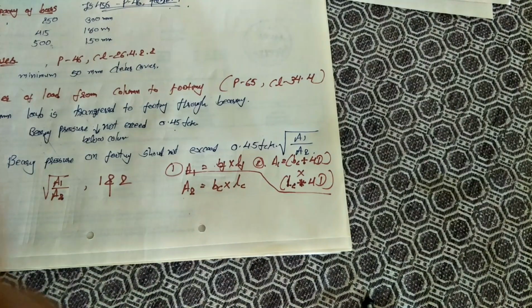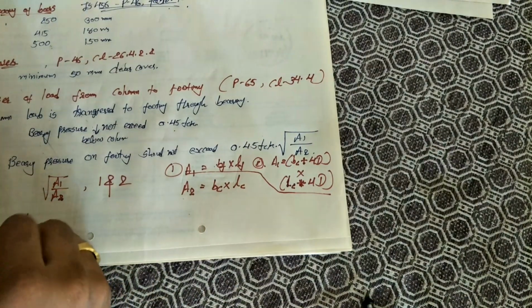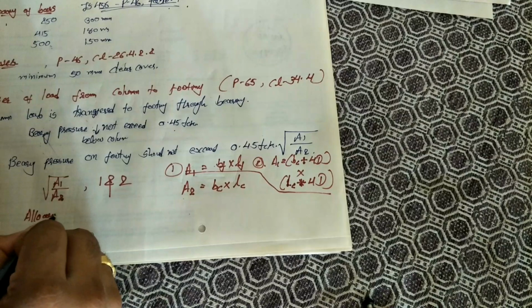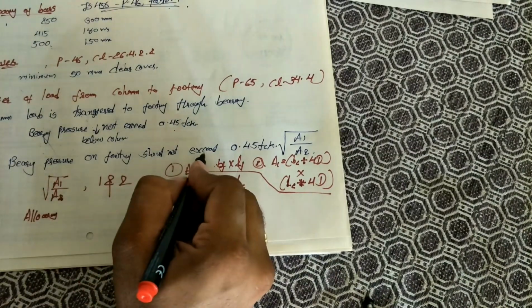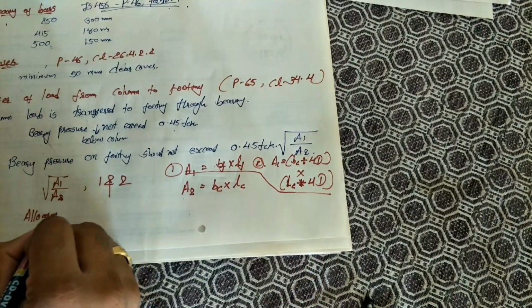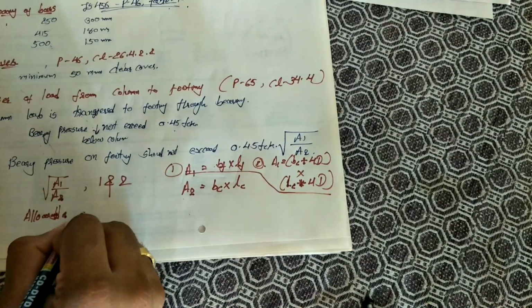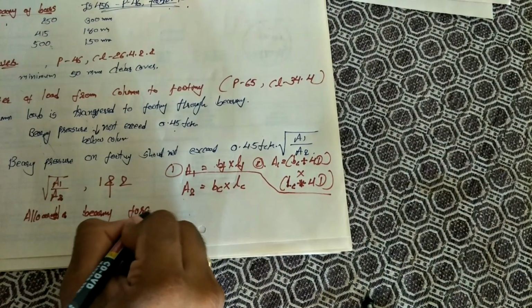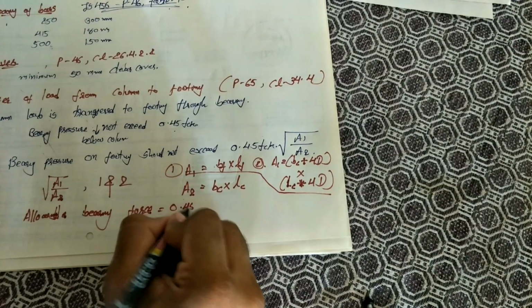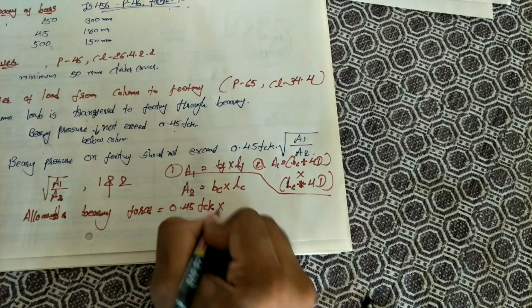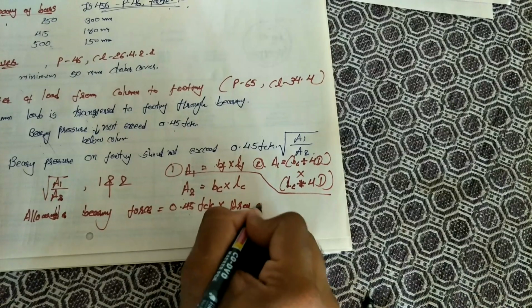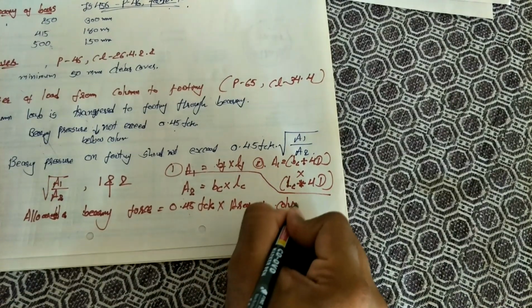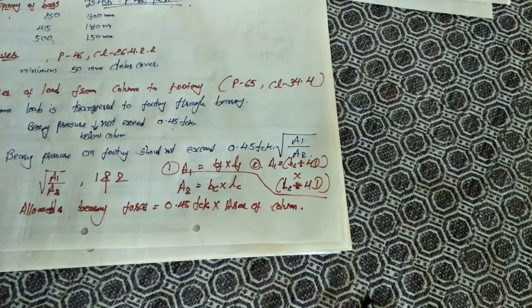So the allowable bearing force, the bearing pressure on footing should not exceed this value, is equal to 0.45 fck into area of column.